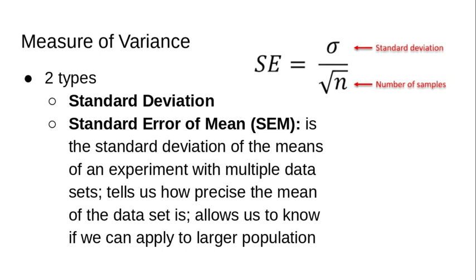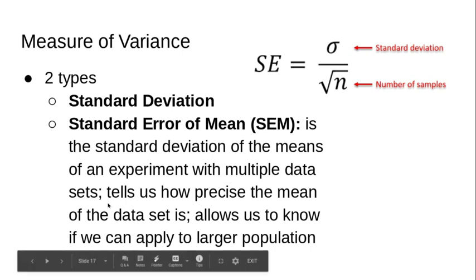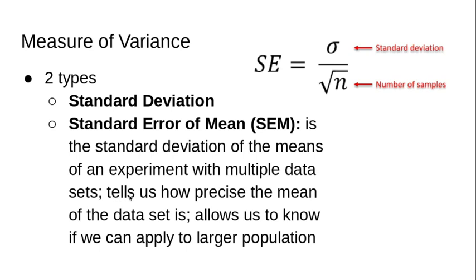Basically, what's the standard deviation? What's the spread on all of these different means of these different trials within our experiment? And really, this part down here is where the rubber kind of meets the road. This standard error is used to tell us how precise the calculated mean of a data set is.